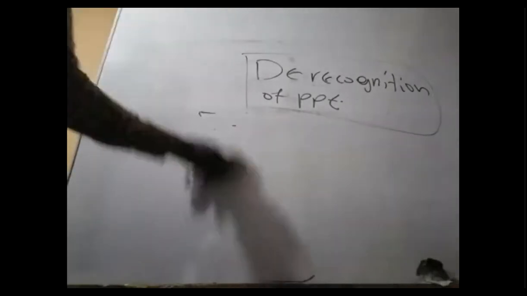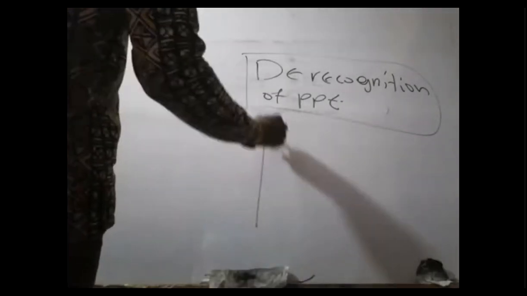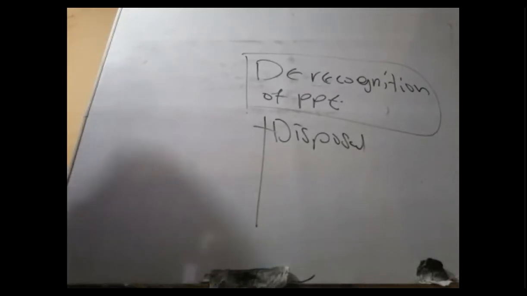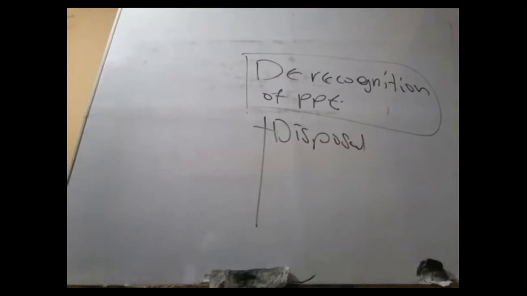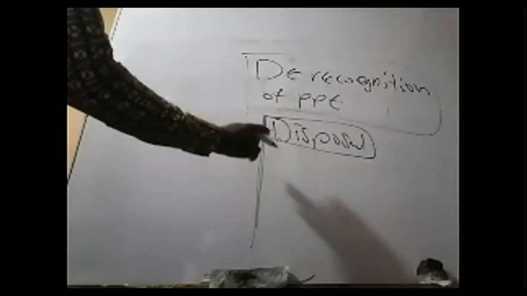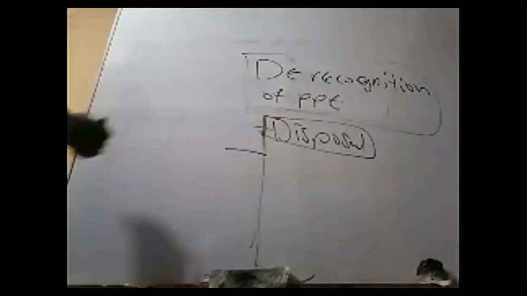When you talk about disposal, as stated in the English dictionary, disposal simply means we are getting rid of the assets. We have so many forms of disposing assets. Number 1, disposal by sale.